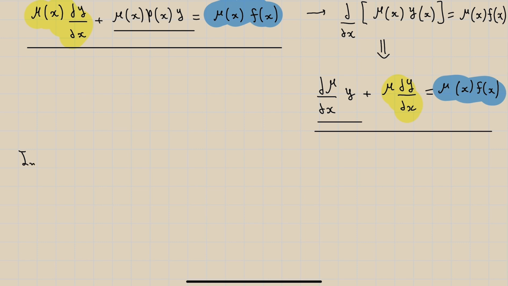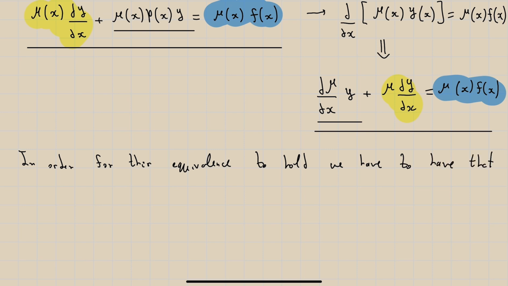In order for this equivalence to hold, the coefficients of y, mu(x) times p(x), must equal d mu/dx.